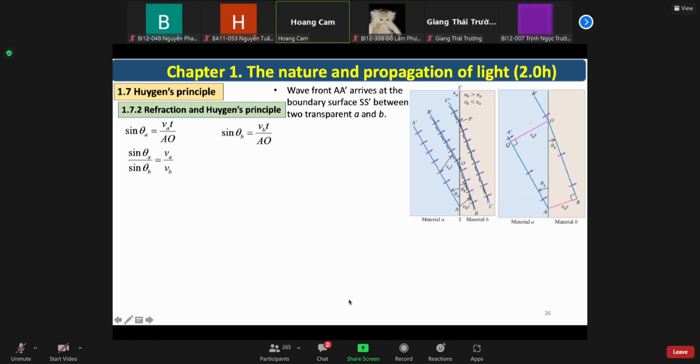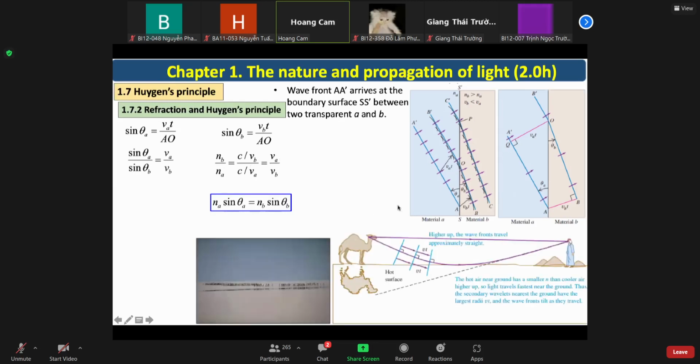You can mix the relation here, nB divided by nA following this formula, and then it also equals VA over VB. So finally, we have the relationship nA multiplied by sin theta A equals nB sin theta B, which is what we also have from Snell's law.